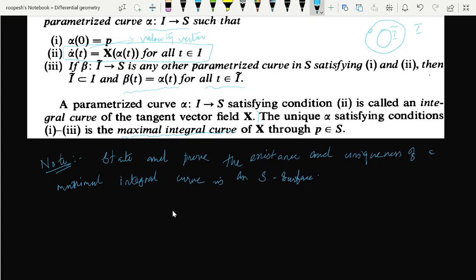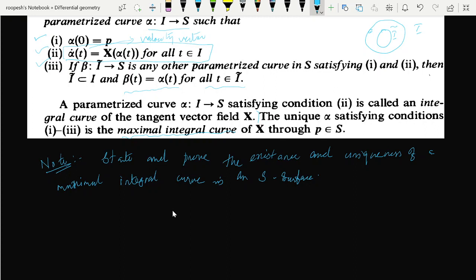The unique alpha satisfying conditions 1 to 3, that is, whenever you have an alpha satisfying these three conditions, such an alpha is unique, and that is called the maximal integral curve of X through p.